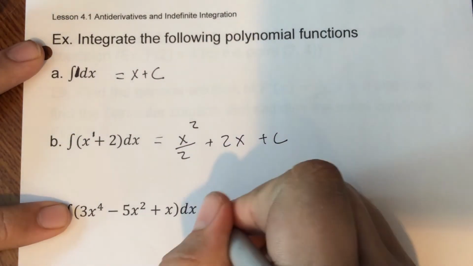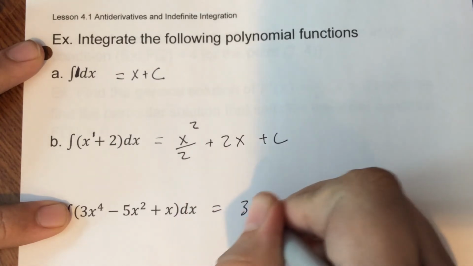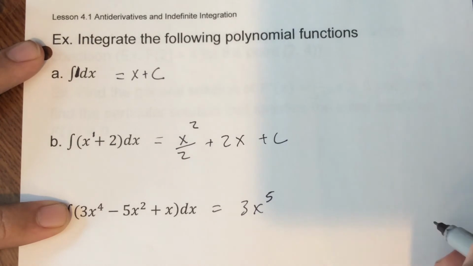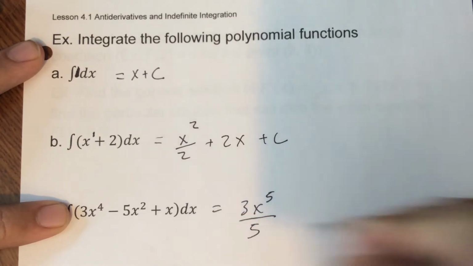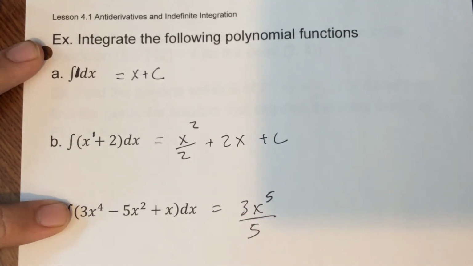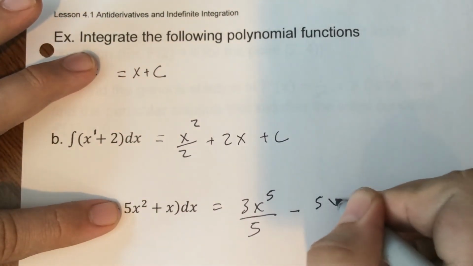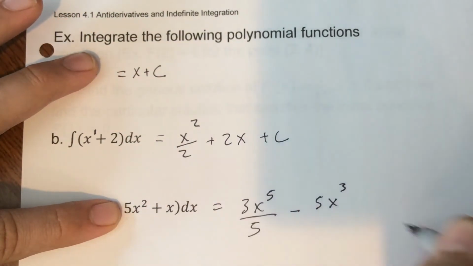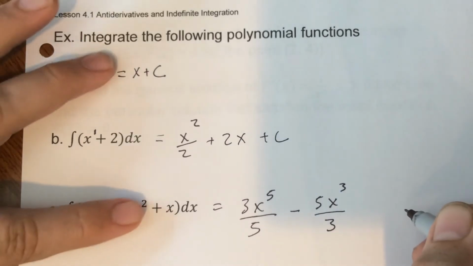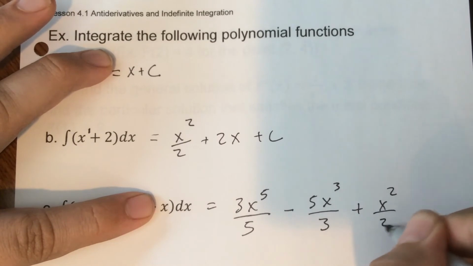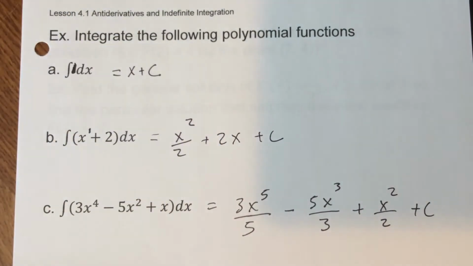If we do this one here, so 3x to the 4th, we would add 1 to make this to the 5th, but then we divide by that new exponent, over 5. Minus 5x squared becomes to the 3rd over 3, plus x will become squared over 2, plus your constant.